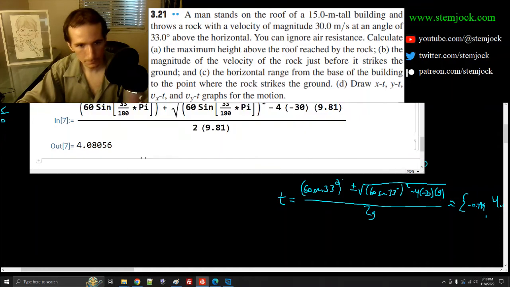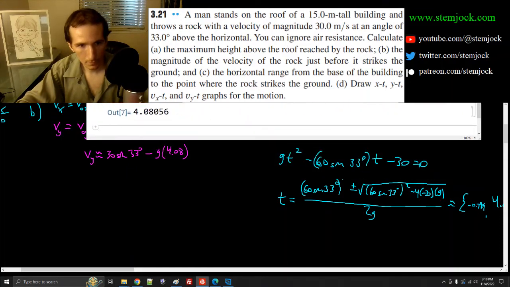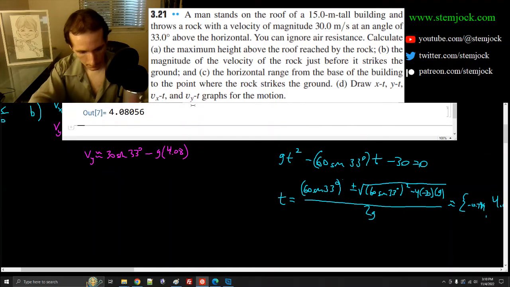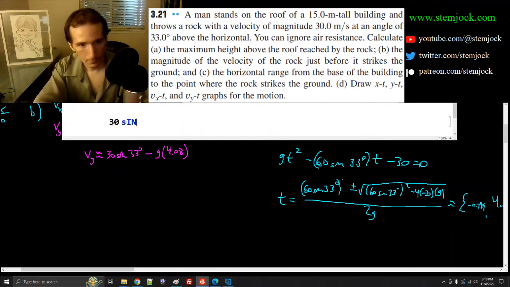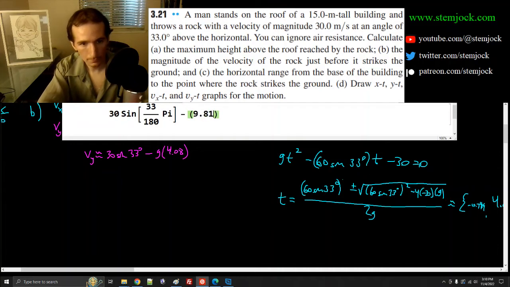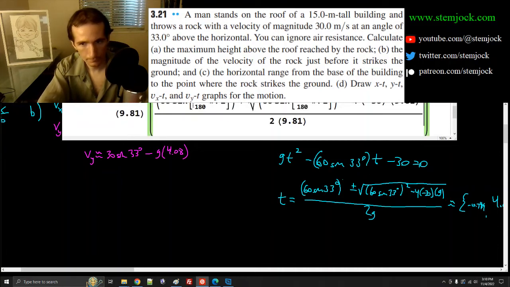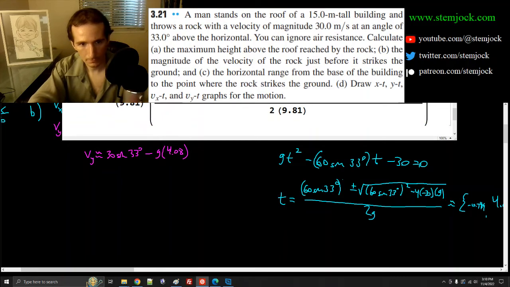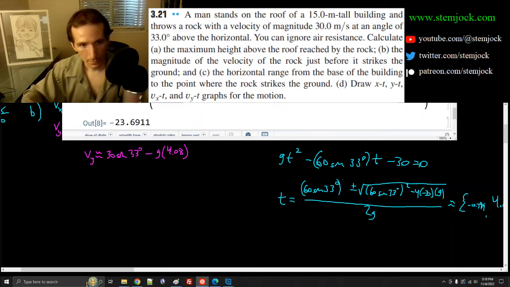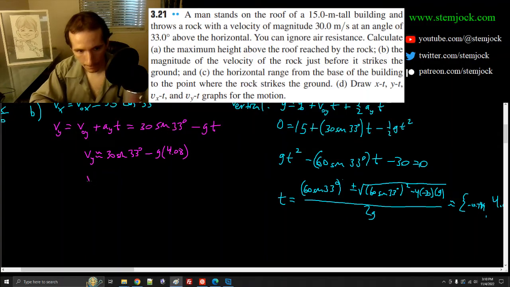Copy, paste. Thirty sine 33 over 180 times pi, and now minus 9.81 times t. Negative 23.7 meters per second.